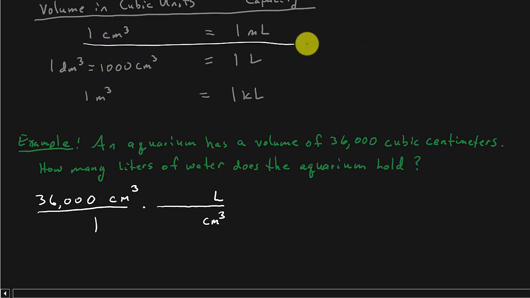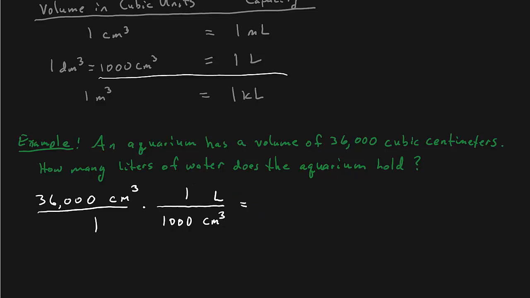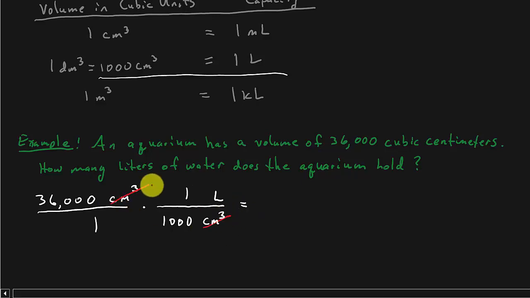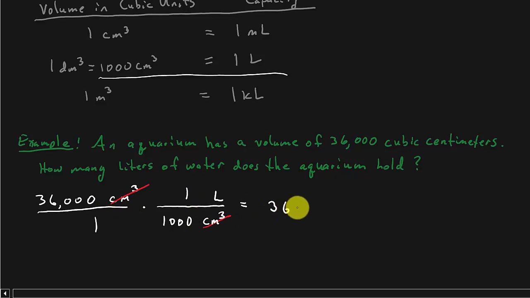No, I'm sorry, that's to milliliters. It's right here. You see that? 1,000 cubic centimeters in 1 liter. That's all it is. And so we can see the cubic centimeters cancel, and I'm left with 36 liters. And there's your answer.